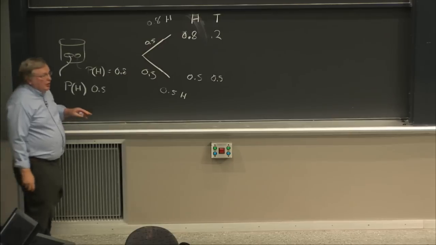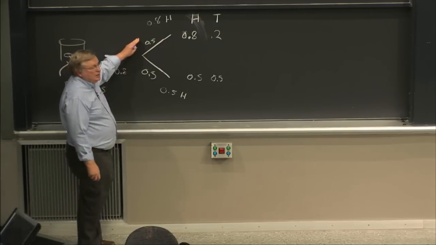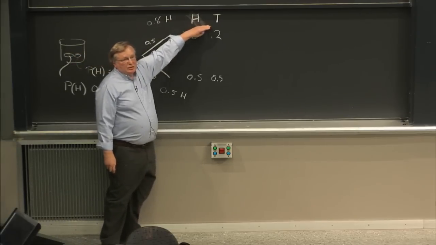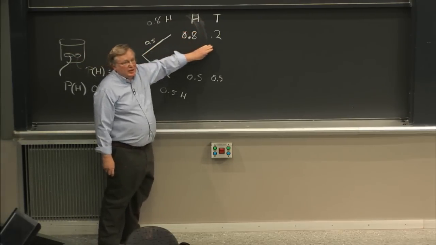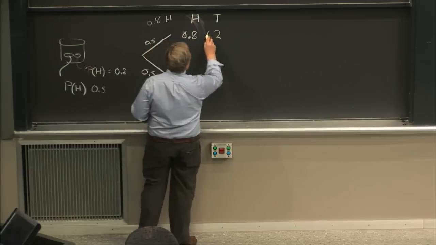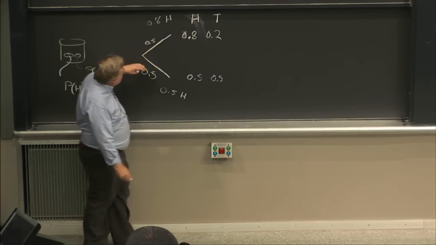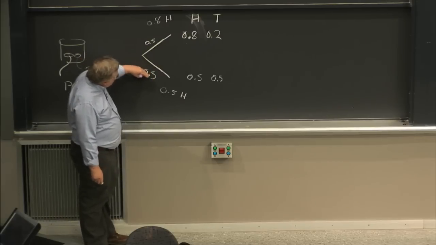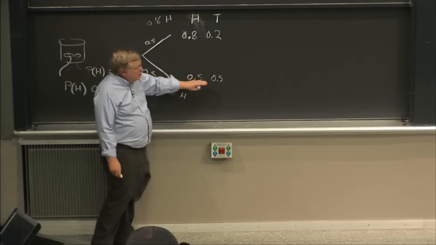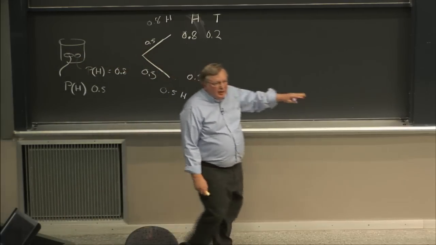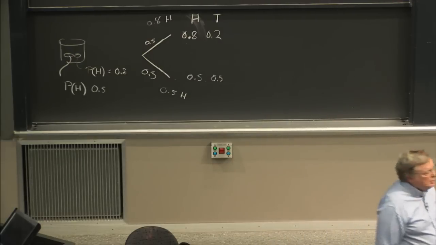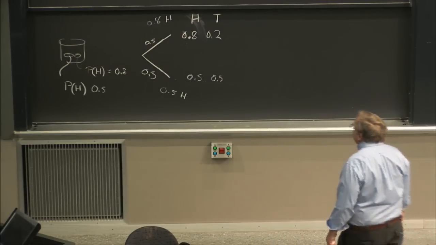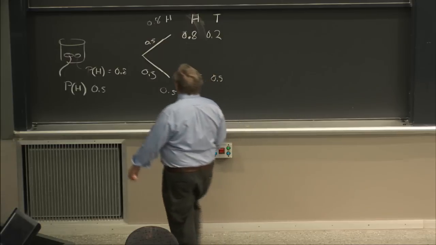So now, what's the probability of this class given this evidence? It's the product of 0.5 times 0.8 times 0.2. And what's the probability of this guy? It's 0.5 times 0.5 times 0.5, divided by a denominator which is the same in both cases. So let's forget about this early 0.5 here, because it's the same in both cases.